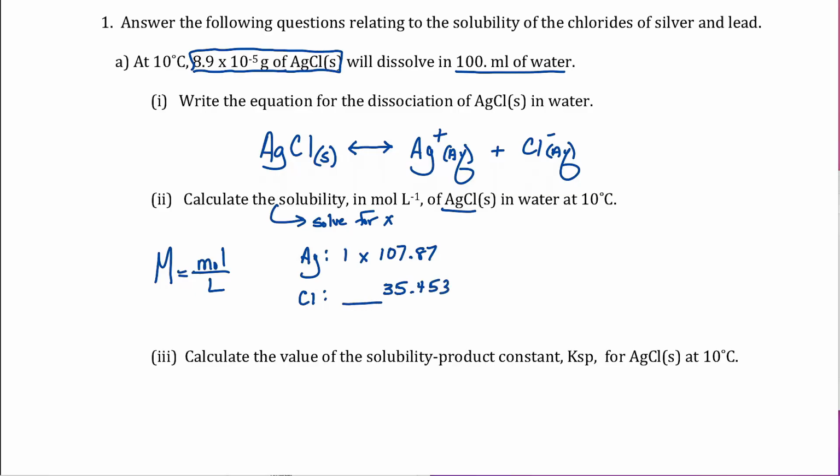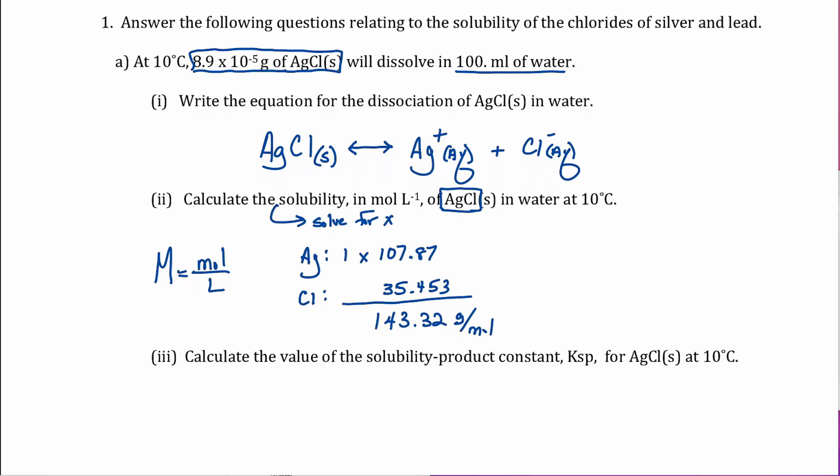I'm using the written values and not really rounding off here. You could certainly round off and get away with it, I think. 143.32, so that's the grams per mole. So we've got the formula mass, and I say formula because it's an ionic compound. It's not a molecule, but it's essentially the same way as if you were solving for a molecular mass.